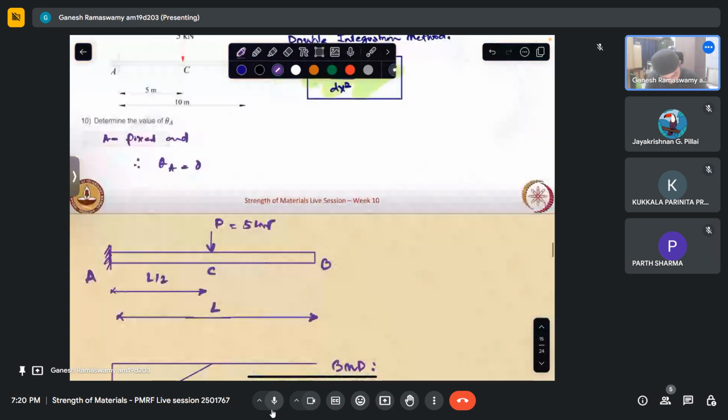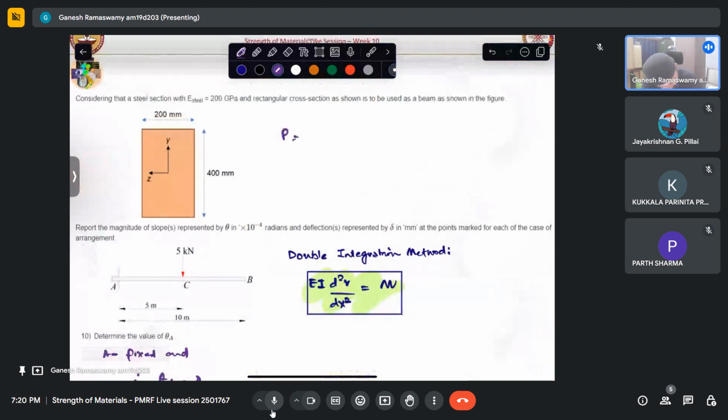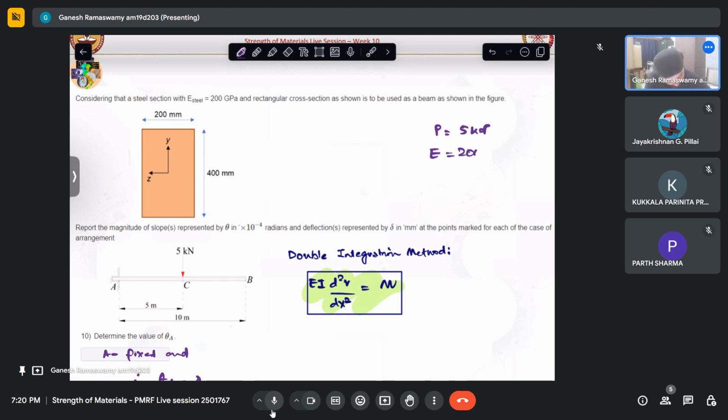So for the question, P is 5 kilonewton, E is 200 GPa, L is 10 meters, I is 200 into 400 cubed by 12 mm power 4.